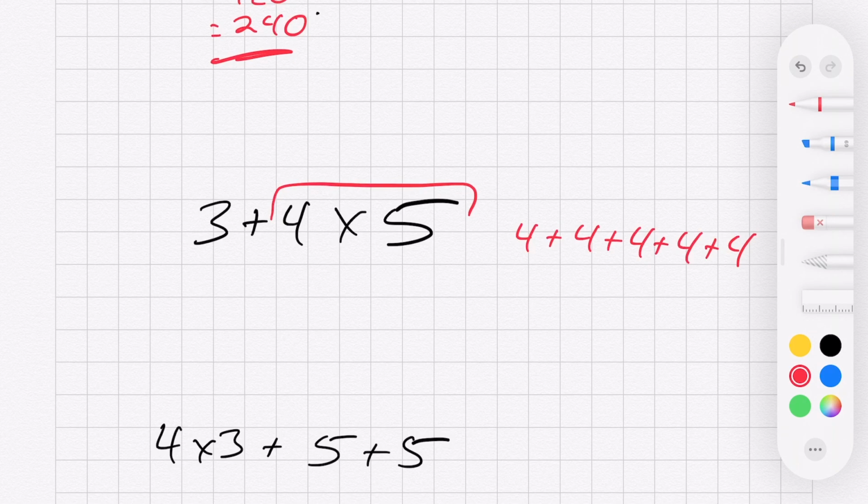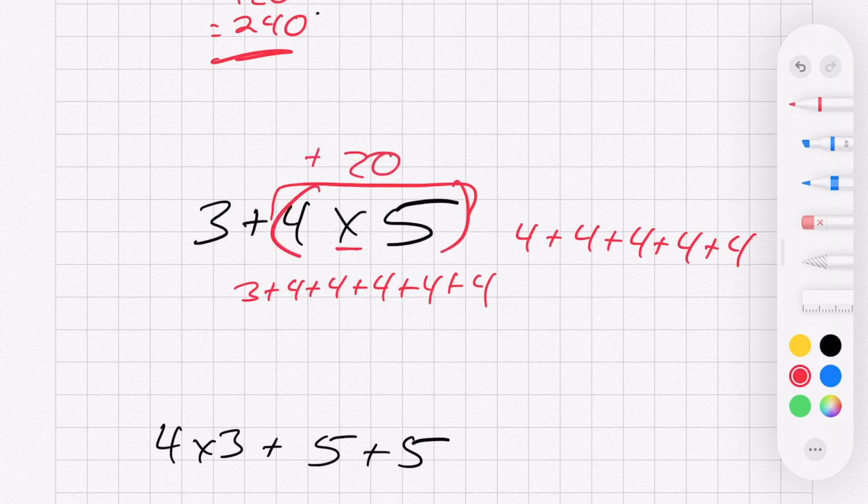So to get the same answer as the new expression, so if I did 3 plus 4 plus 4 plus 4 plus 4 plus 4, it doesn't matter what order I put it in. I can just do the expression. But if I have it written with multiplication, I need to make sure I do this first. Okay, so that's going to be equal to 23.